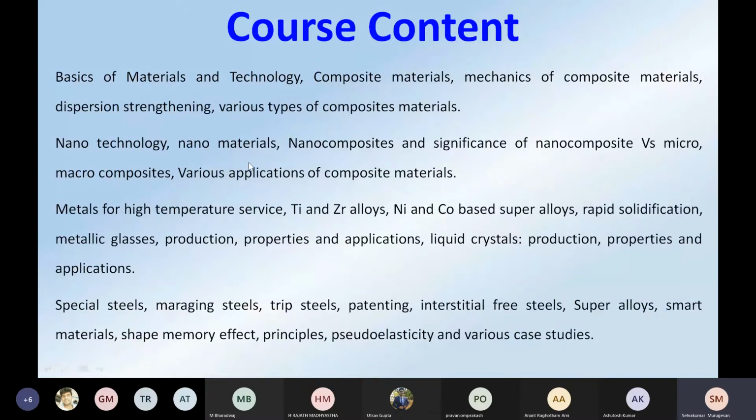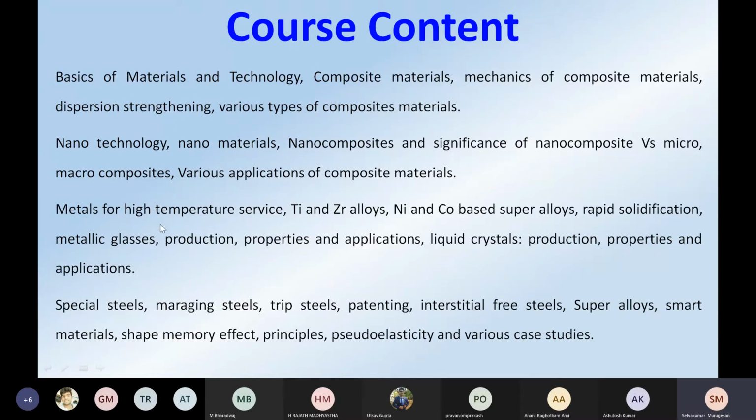And in that, what is functional material or the advanced engineering materials? And then we'll start nanotechnology quickly, why it is so important in almost all the fields. And then we'll see different fabrication methods for nanocomposites. And then we'll study the differences between nanocomposites and other types of composites.